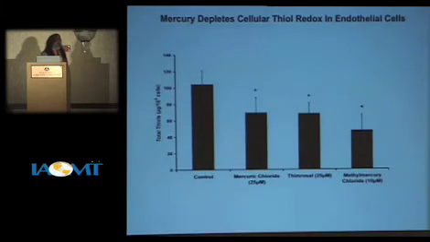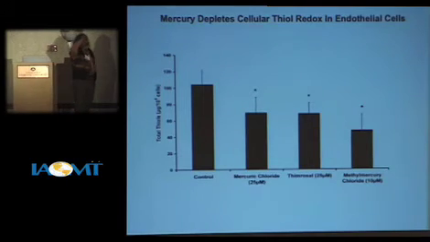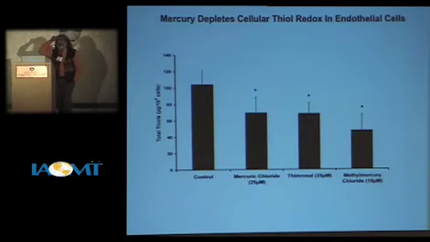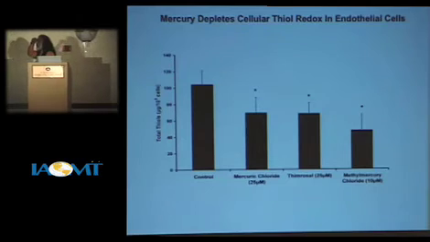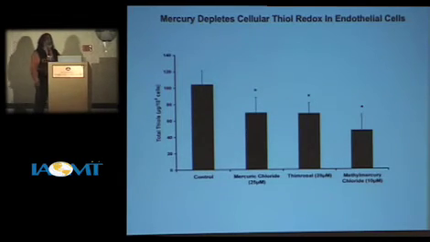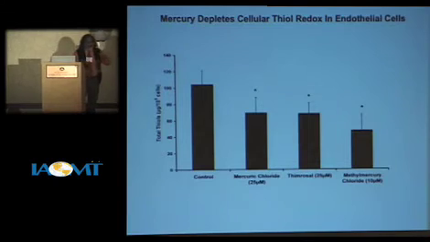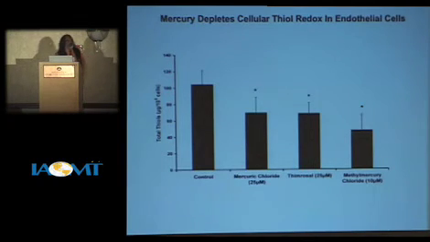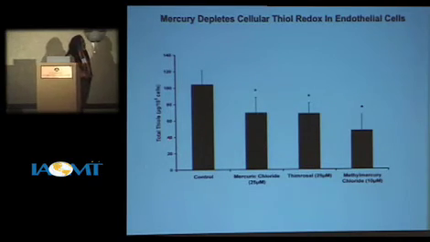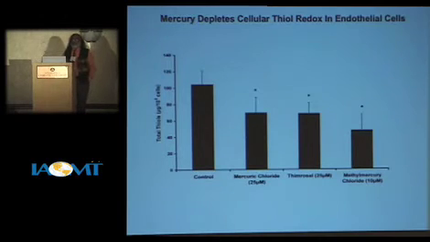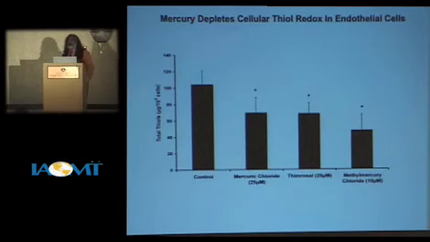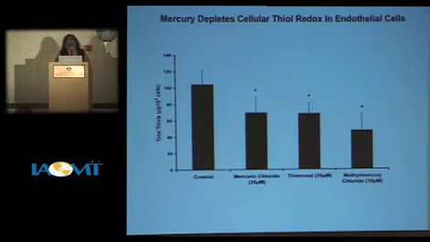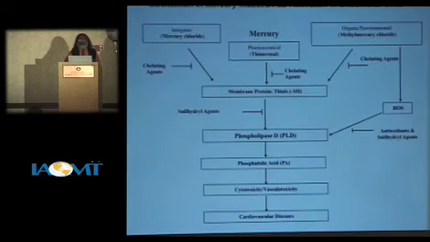So now, going back to mercury, why does NAC offer such tremendous protection? Why dimercaptosuccinic acid, DMSA? Because we found out that the sulfhydryl compounds protect endothelial cell phospholipase D activation under mercury insult. So what happens to the thiols? When we measured the thiols, all the thiols are significantly down in these endothelial cells when treated with mercury compounds. So the primary target here looks like the thiols are quenched and then the enzyme is activated.